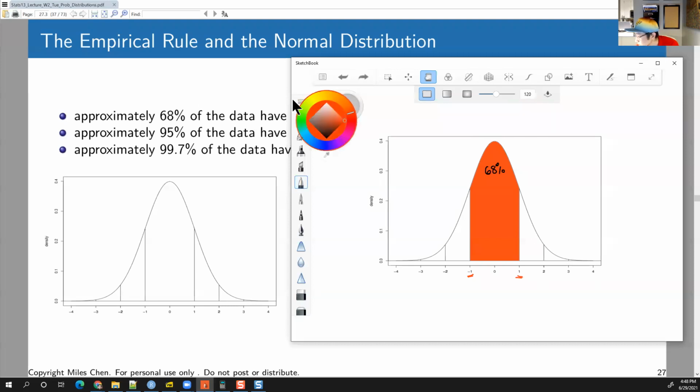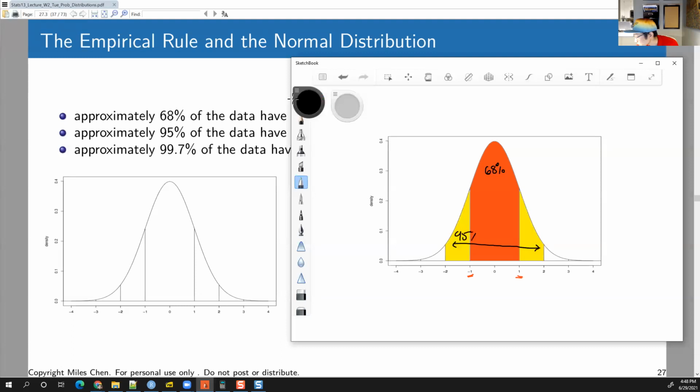We'll go from here to here. Hopefully these colors are visible for you guys. From here to here, we're getting most of our stuff. That's about 95%.